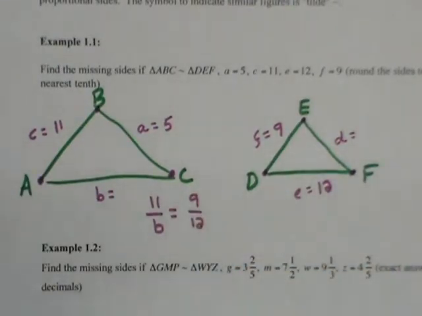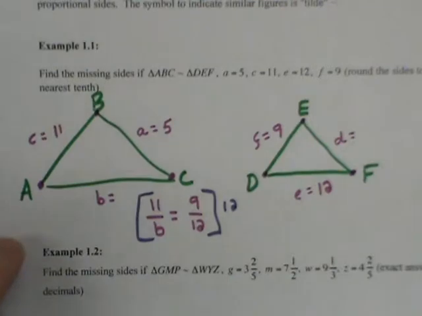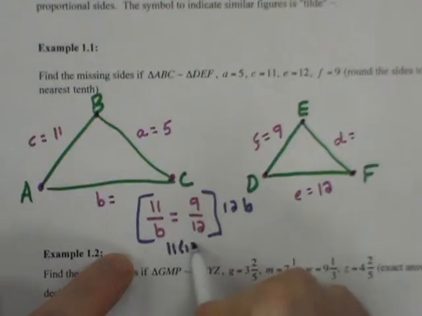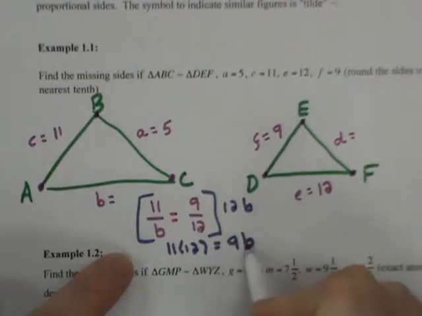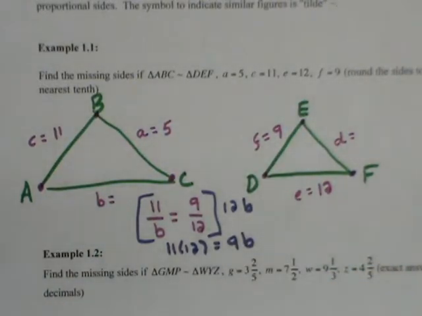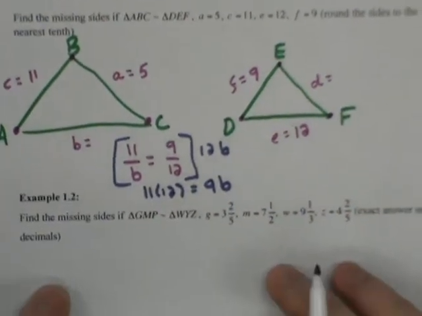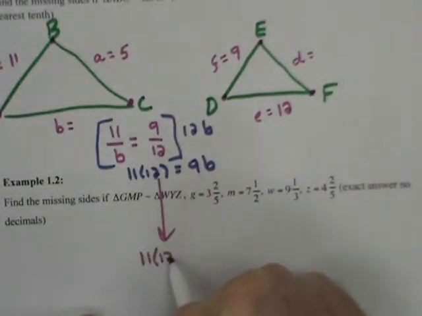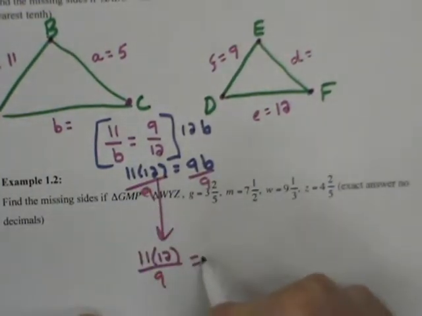Now to solve this, we can use the method that we've been talking about. You multiply by your common denominator. In this case, it would be 12b. As you multiply by 12b, this would become 11 times 12 is equal to, on this one the 12 drops out, 9b. And then divide by 9 and get an answer. I'm dividing both sides by 9, so 11 times 12 over 9 is equal to b.